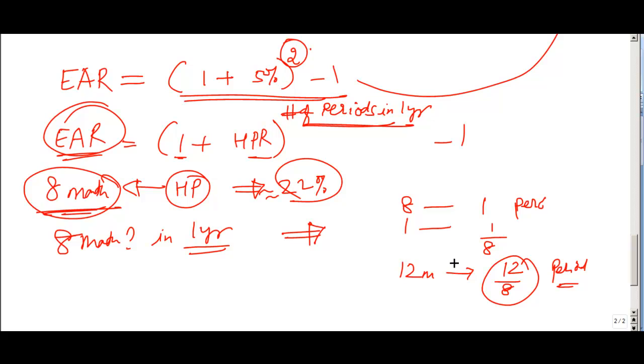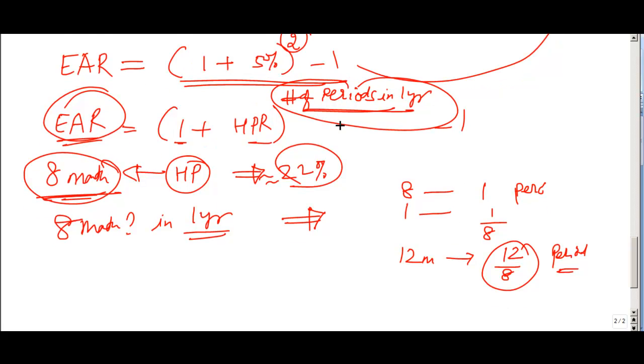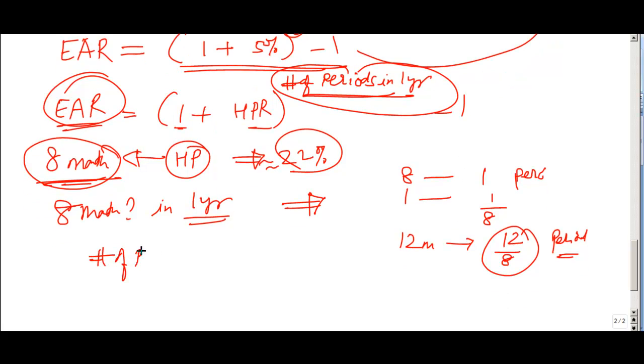Okay, so what we can say is the number of periods in 1 year can be written as number of months in 1 year, which we know is 12, divided by months in holding period.